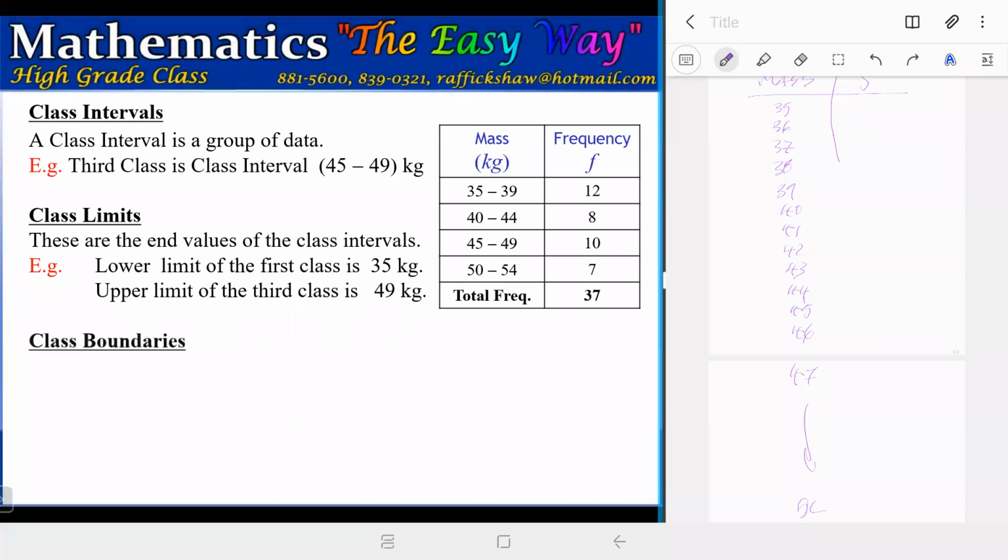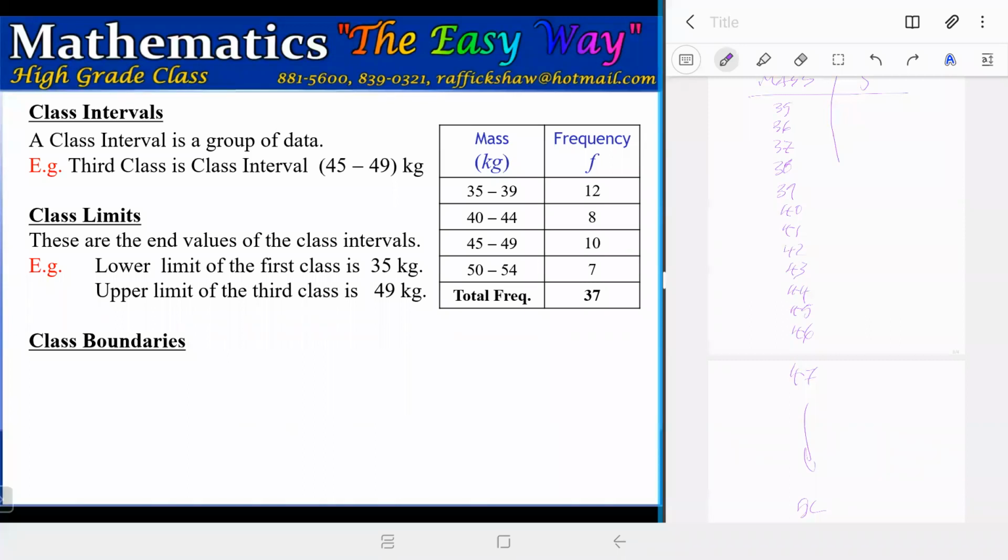Then we come to class boundaries. Class boundaries are the values between which the values of a class can be taken. These are like the end values of the bound of the class. The same 0.5 business. I can take values from 34.5 up to less than 39.5.